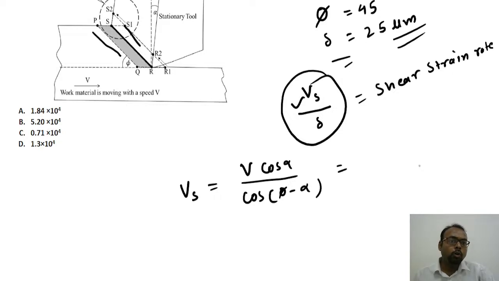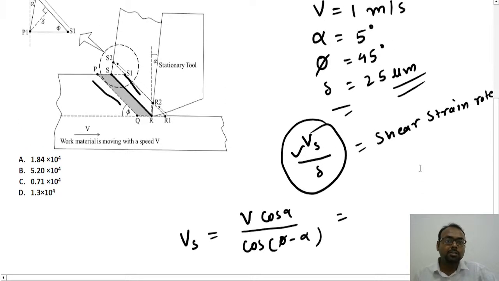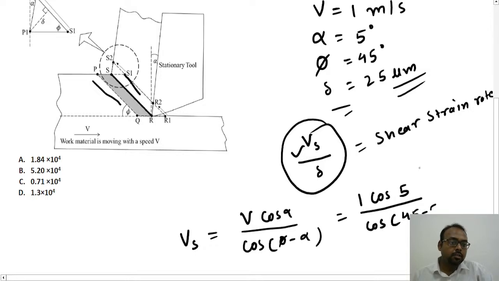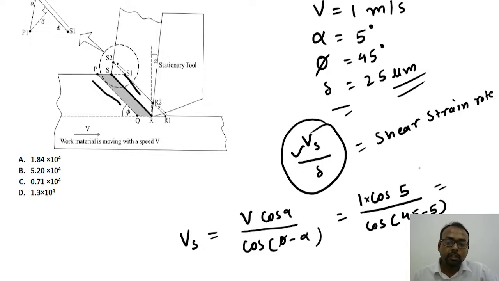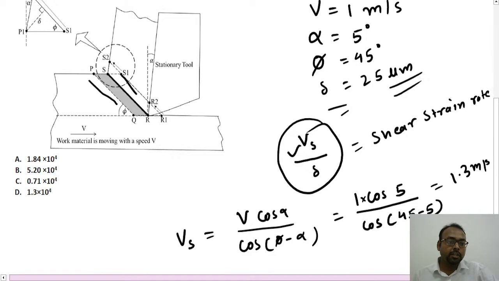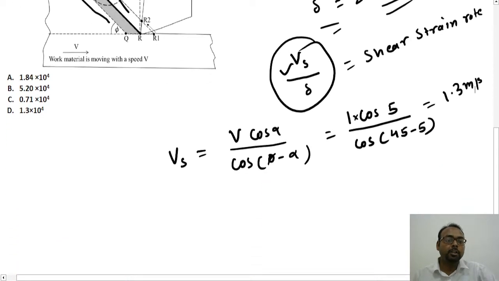Now when you put in all the values, V is equal to 1, cos alpha means cos 5, divided by cos of 45 minus 5. So if we put all the values here, we will get the shear velocity, and this shear velocity is coming out to be 1.3 meter per second.